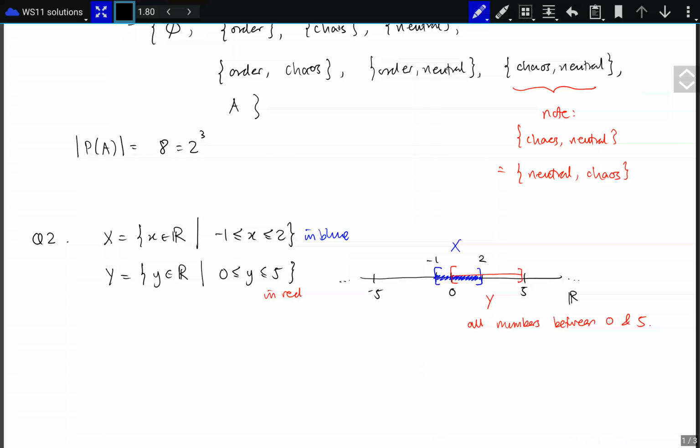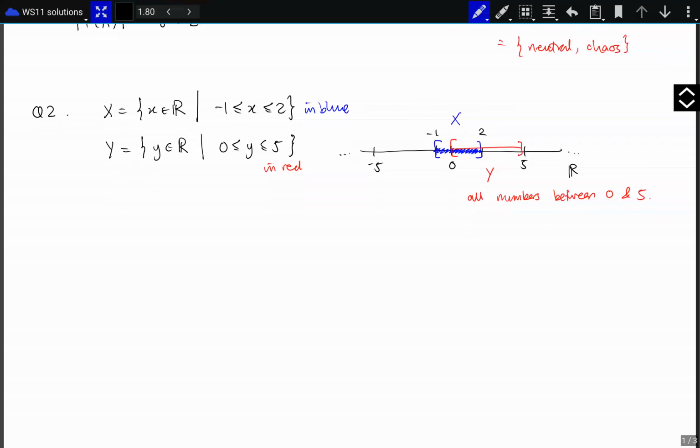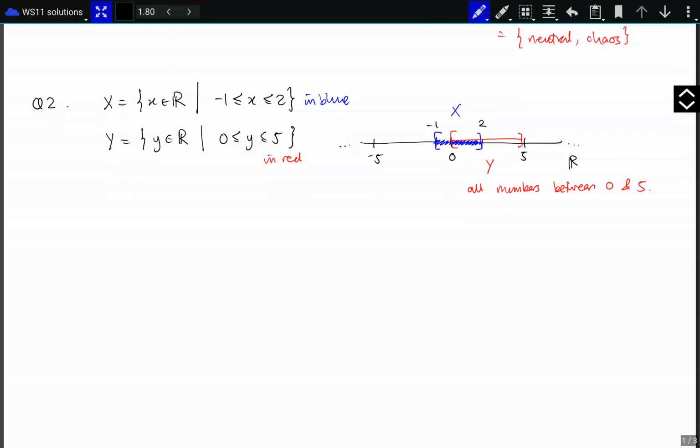So we're asked how to describe x intersect y, x union y, and x less y, or the set difference of x and y. So here, these are the elements in the real line such that it satisfies both this and this condition using this dummy variable.